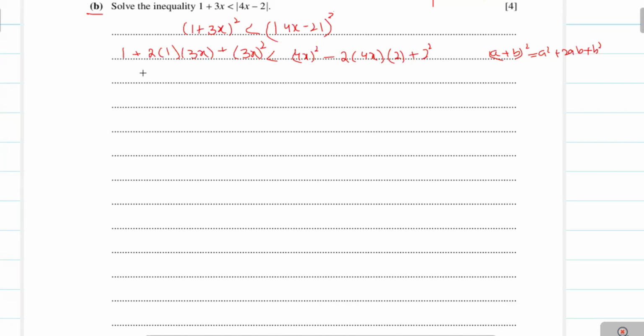Now we can write it as 9x square plus 6x plus 1 less than 16x square minus 16x plus 4. And we shift all values from left to right side. This becomes 16x square minus 9x square minus 16x minus 6x plus 4 minus 1.